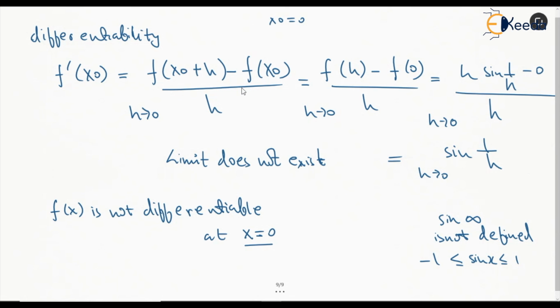So we found that the function f of x, x sine of 1 by x, has a limit at x equal to 0, is continuous at x equal to 0, but it is not differentiable at x equal to 0.